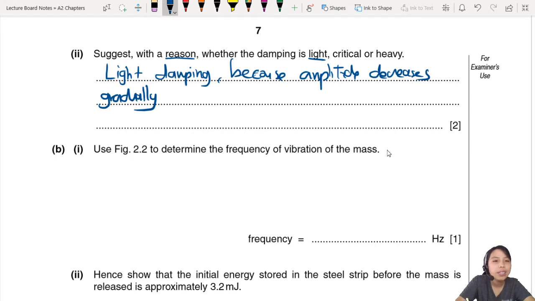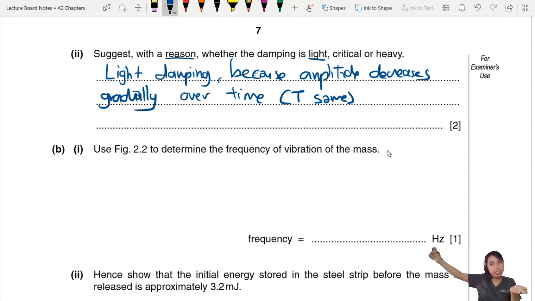No, that is other kinds of damping. So amplitude decreases gradually over time. And of course also there's still oscillation, so the period is still the same. Or you could say there are many oscillations, it still goes up and down a few times. Also can. But anyway, the main mark here is because amplitude decreases gradually over time.